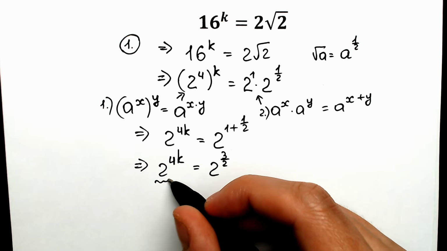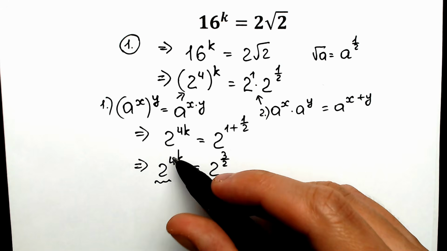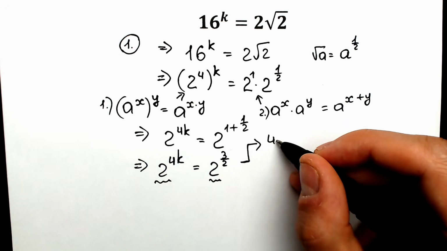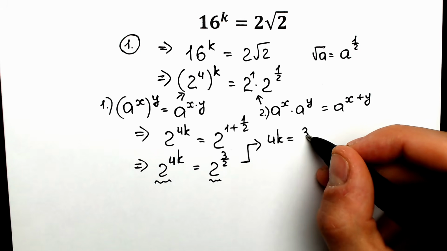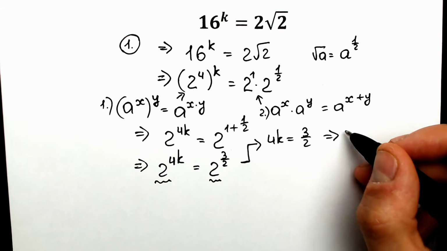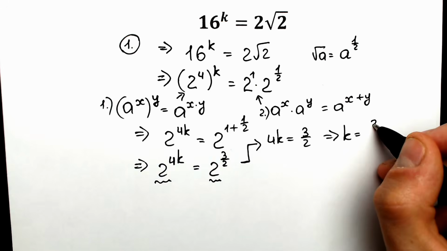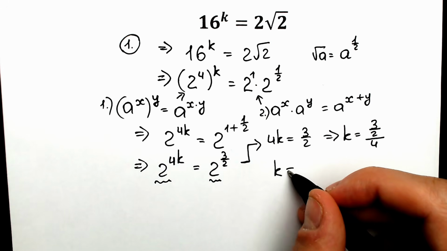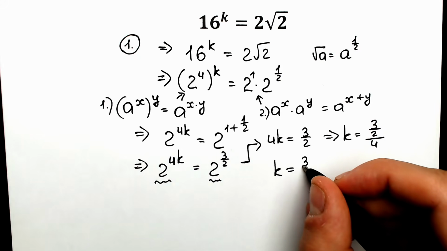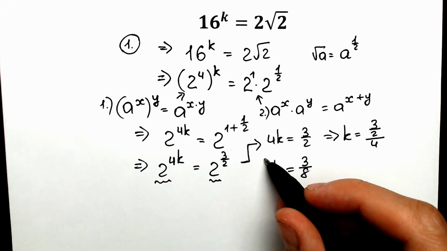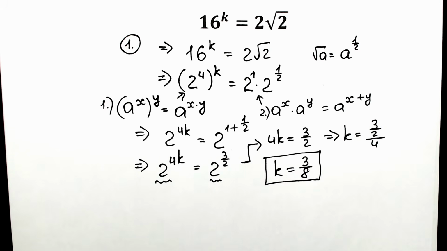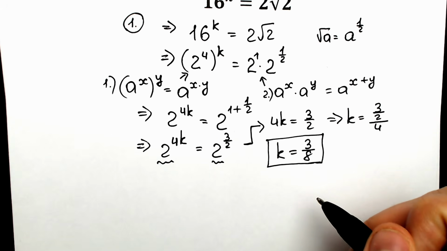We have the same base on both parts, so let's write an equation with our powers. So we have 4k equal to 3/2. From here we divide it by 4, and our k is equal to 3 over 2 times 4. So we have that our k is equal to 3 over 8. This is our first method. k is equal to 3 over 8.